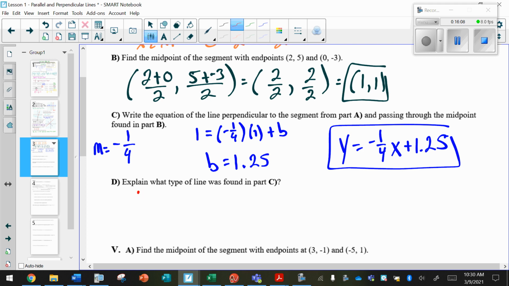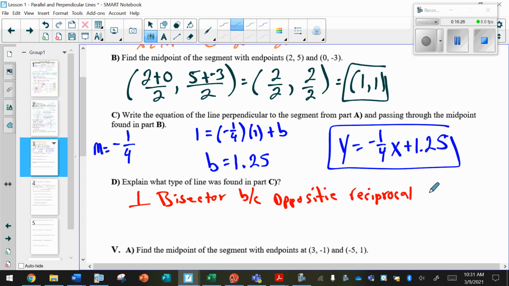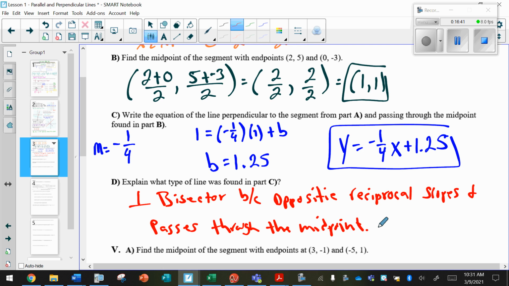So we found the perpendicular bisector, because the lines have opposite reciprocal slopes, and it passes through the midpoint. So that's what a perpendicular bisector is. It passes through the midpoint at a right angle.